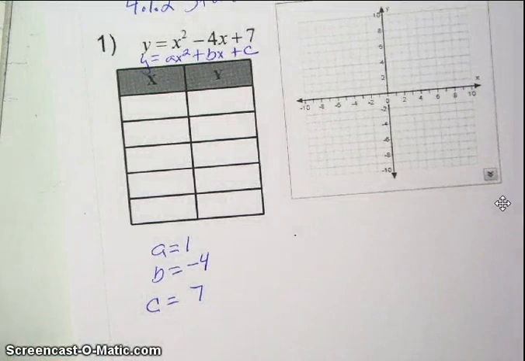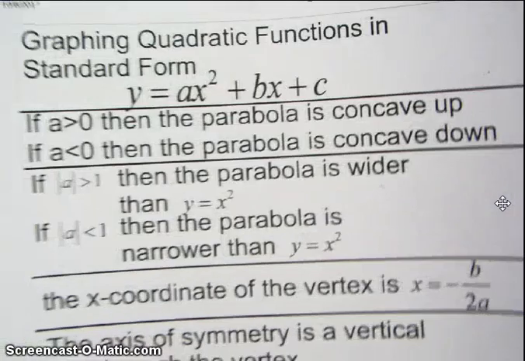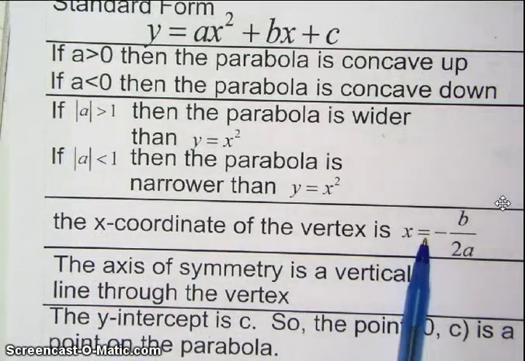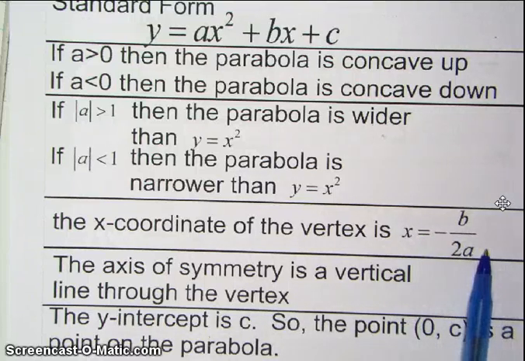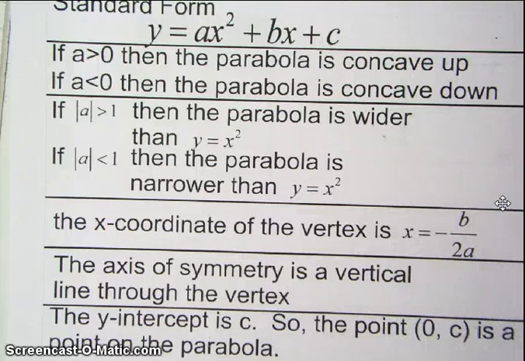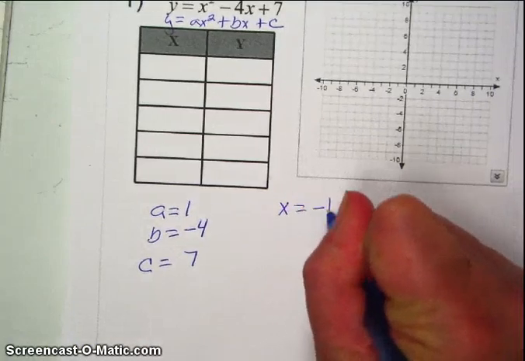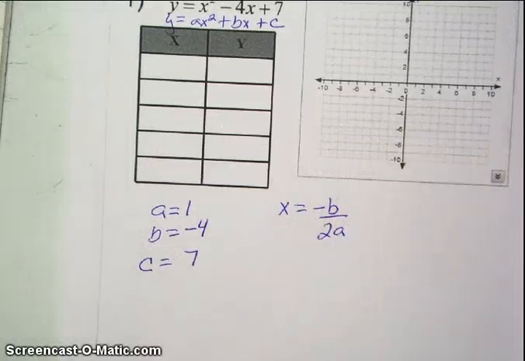In standard form, the first thing we have to do is find the vertex. The x-coordinate of the vertex is x equals -b over 2a. That formula is very important. We use that a lot. Let me write that down: x equals -b over 2a.